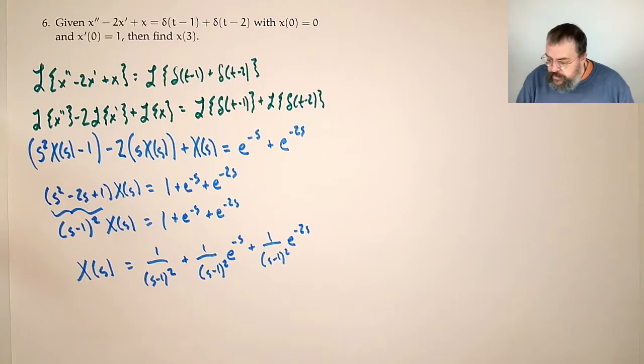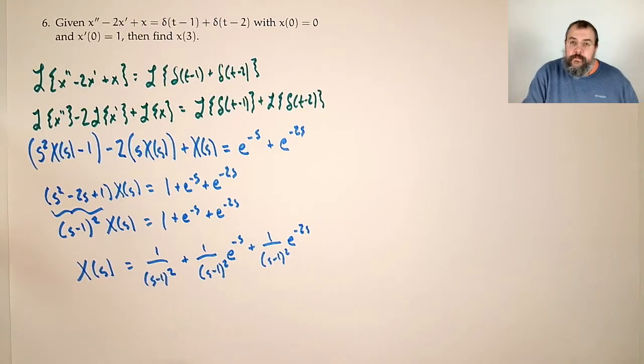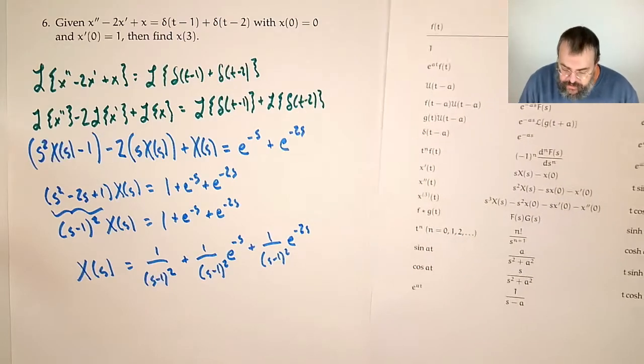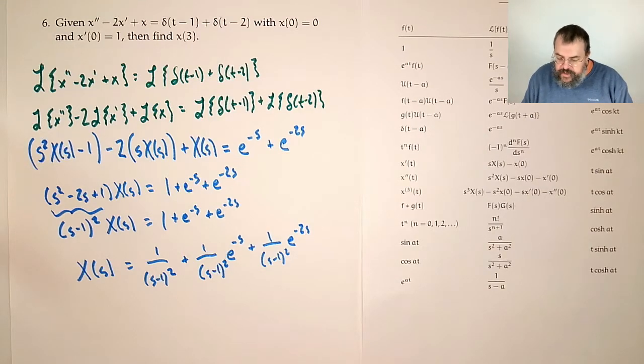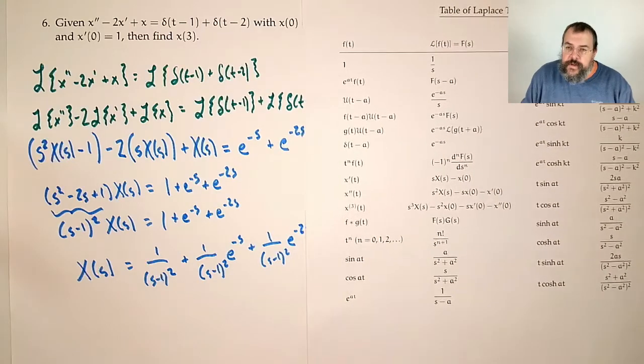And now we need to figure a couple things out. What is 1 over s minus 1 squared? If we think about it as what's the inverse Laplace transform of that? So we start looking at our chart and say, what does it match with? Oh, there we go.